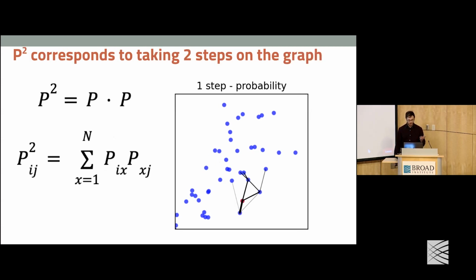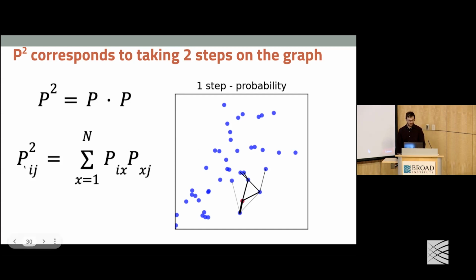So it turns out that P squared corresponds to taking 2 steps on the graph. So the matrix multiplication of the transition matrix with itself is P squared. And what that corresponds to is the probability of moving from the start to some intermediate node times the probability of moving from that intermediate node to some other node j.